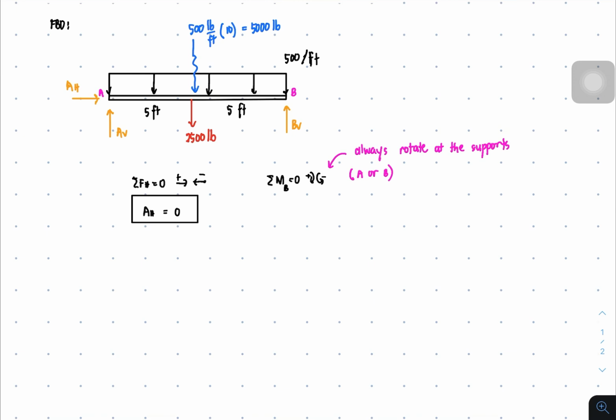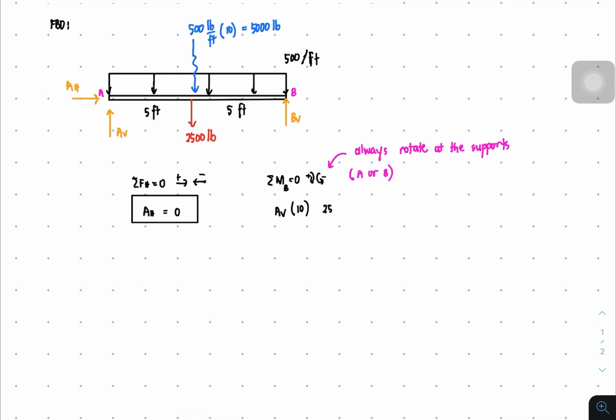Rotating at point B, this BV is eliminated from the system because BV cannot create any rotation; it only passes through point B. This time we calculate the forces, AV. AV is going to rotate about point B in a clockwise direction with a moment arm of 10. Next is the 2500.